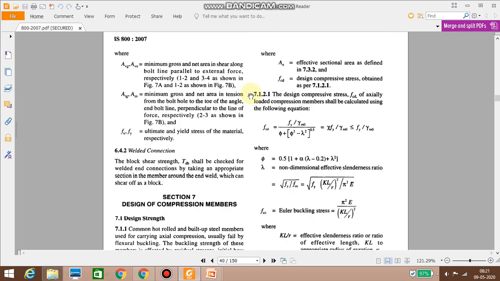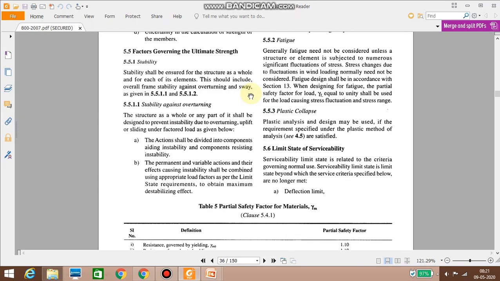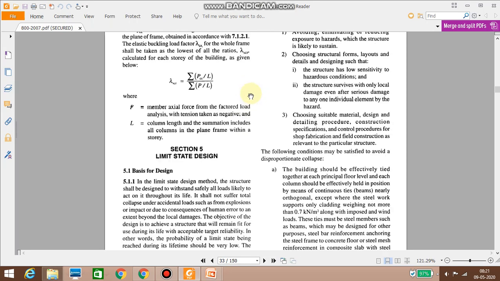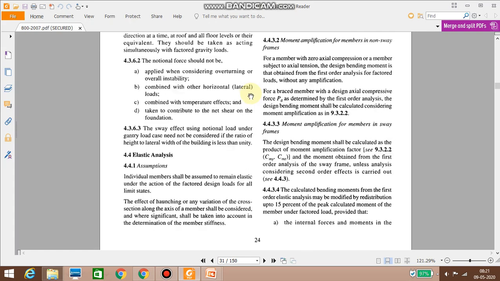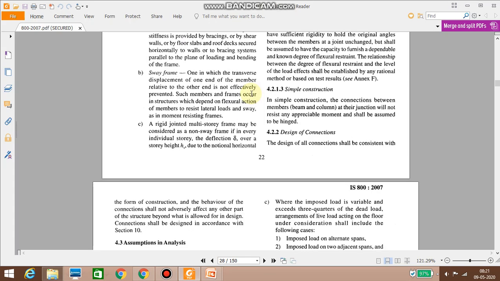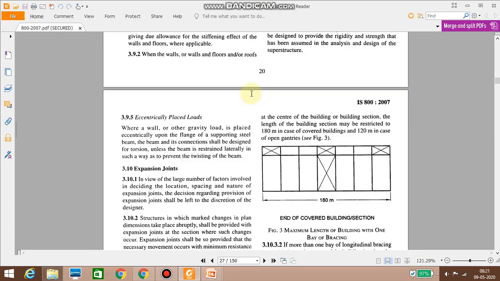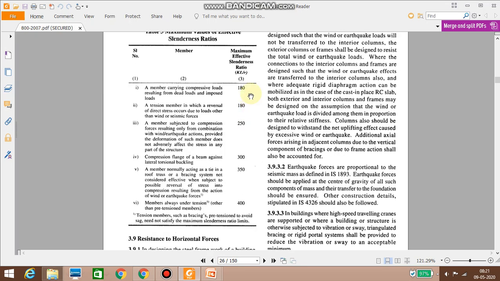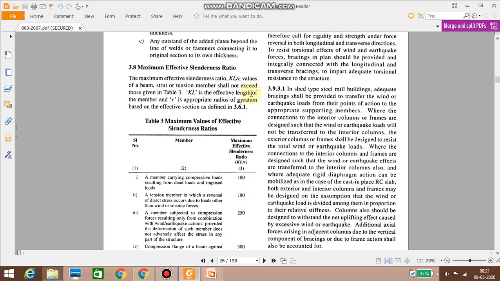Let us go to page number 20 and see what they have given for slenderness ratio. Here we have clause number 3.8 for slenderness ratio. Usually the slenderness ratio lambda is given by KL divided by r, where KL is the effective length and r is the appropriate radius of gyration of the section.